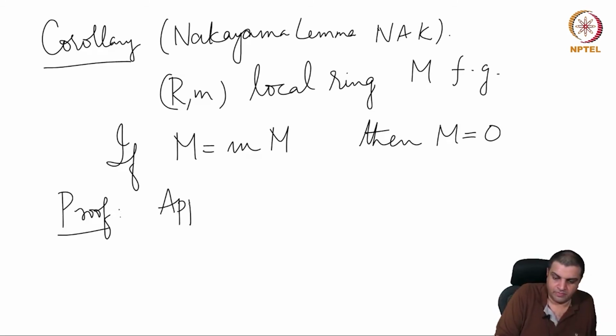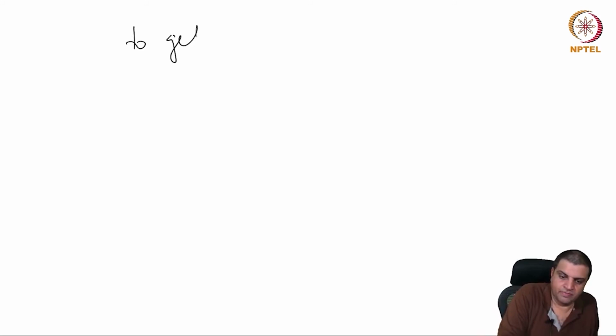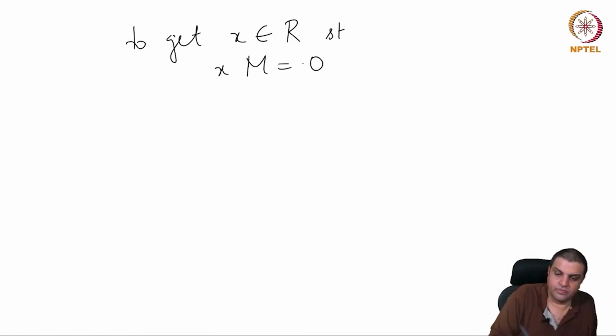Proof. Apply the previous corollary to get x in R such that x kills M and 1 minus x is in the maximal ideal.